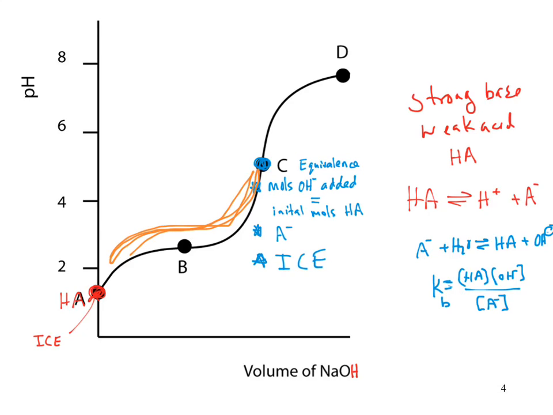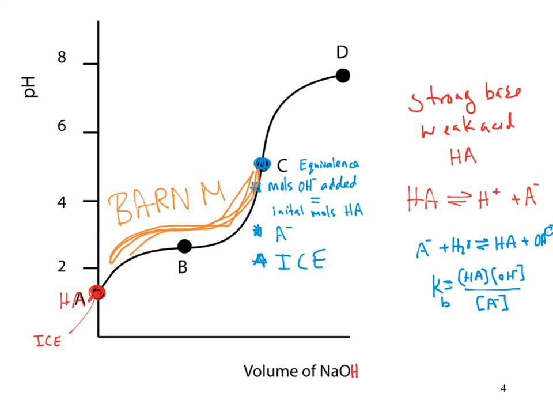That non-equilibrium solve, as we've been defining it, is our barn chart. So to decide, given a question, where we're at on this curve, right here at A, we haven't added any strong base. We don't need to do any kind of barn chart.